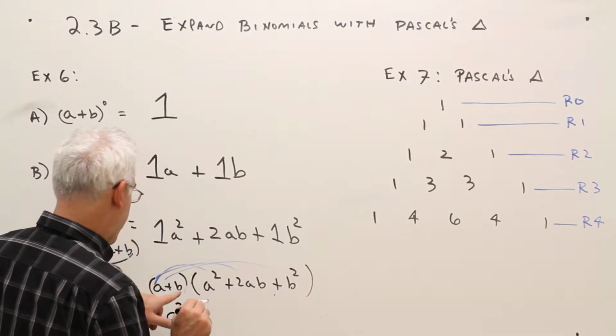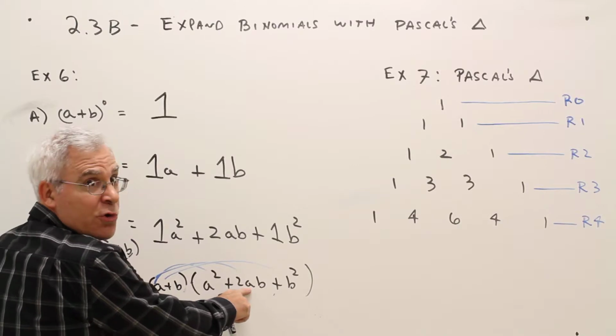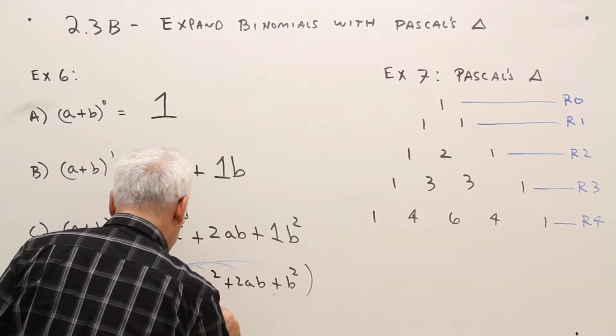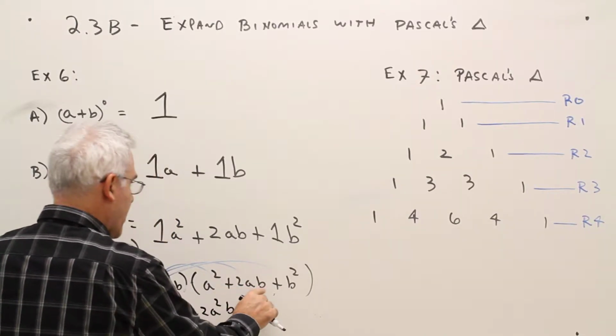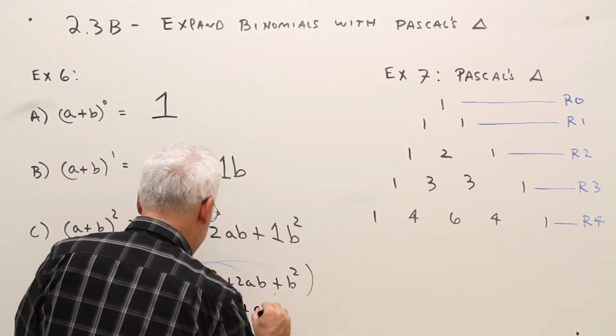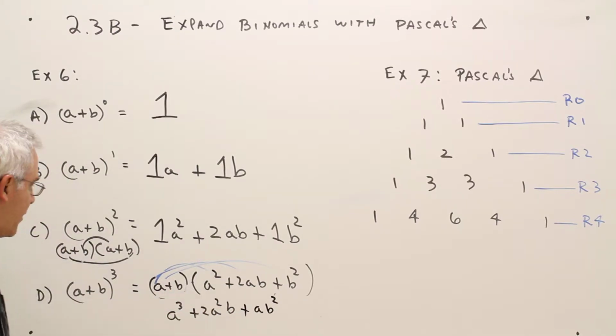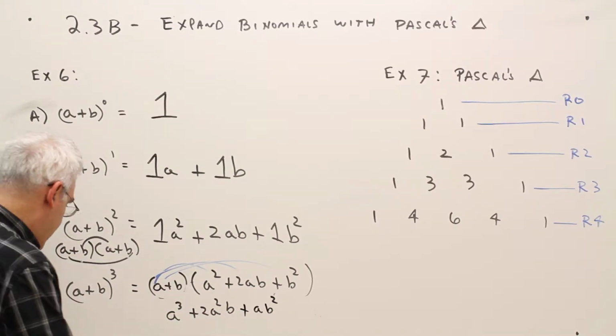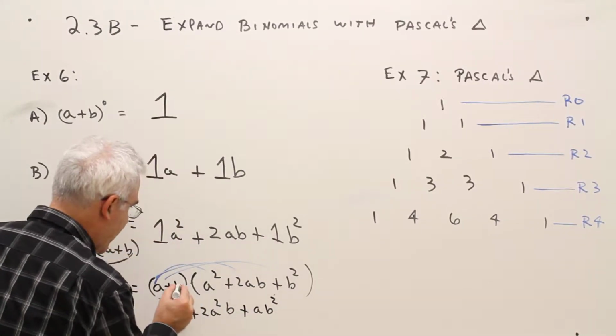Hopefully I won't run out of room. Plus 2a squared b. Plus ab squared. Okay, this is the one that gets confusing. Then I'll do the other arrows in green.